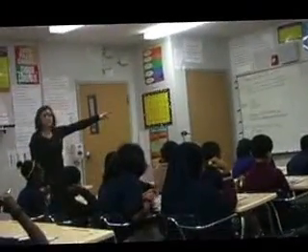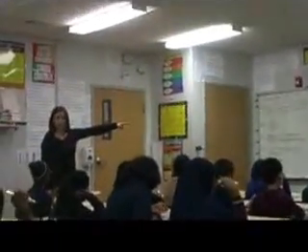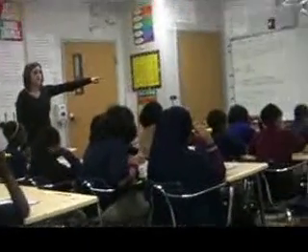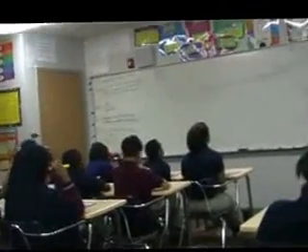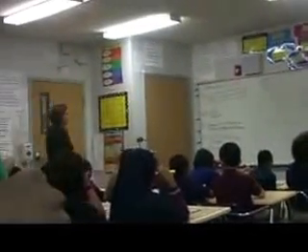If you're having trouble remembering setting a purpose for reading, just remember this question. Let's all say it together. Why are you reading that? Why are you reading that? That's this reading skill. When you're setting a purpose for reading, you're answering that question.